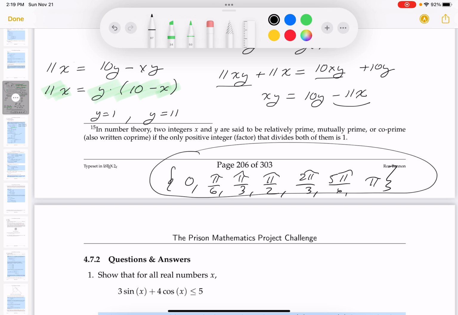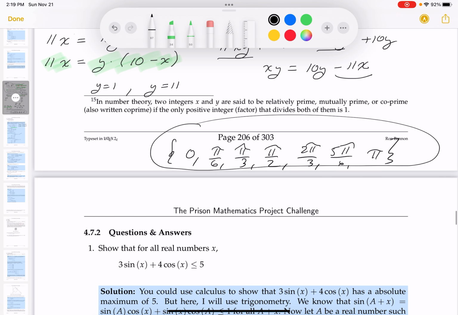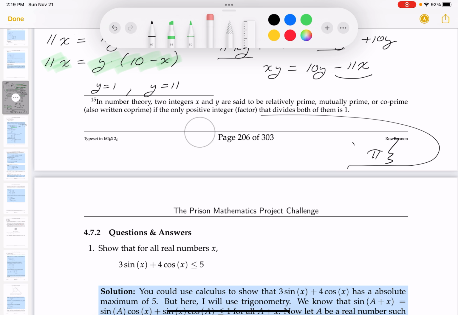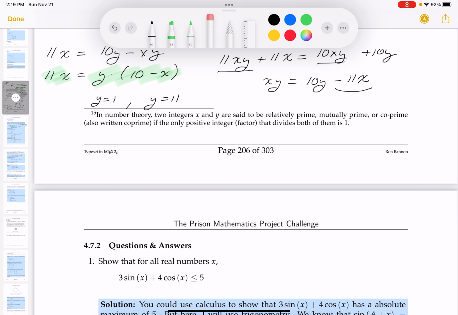Now I've got to reason through this. I'm going to get this erased. Now, this is something from the old problem, right? I don't need that anymore. So let's just take y to be 1 now. If y is 1, what do you get? 11x equals, I'm just checking to see if it works out, 10 minus x.